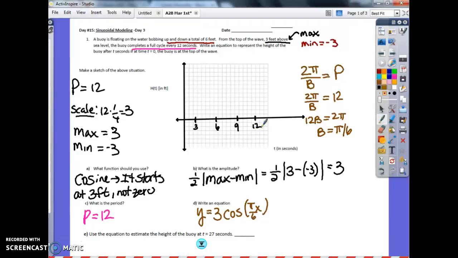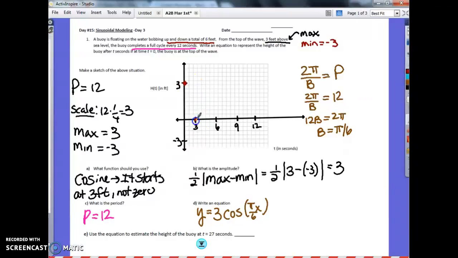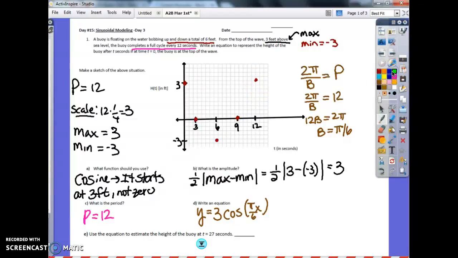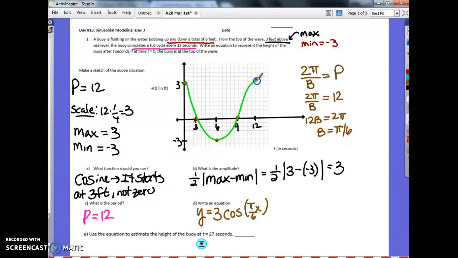And again, your y-axis has to go up to 3, down to -3. Okay, cosine does not start at 0. It starts at our amplitude, which is 3. And then we start hitting our zeros. We hit our minimum at 6 on the x-axis. And then start repeating itself once again. There's our curve.